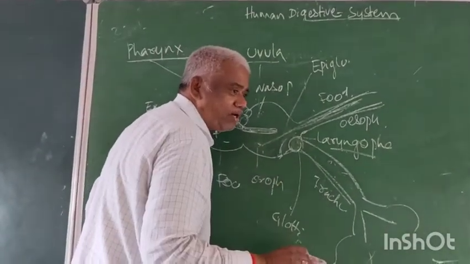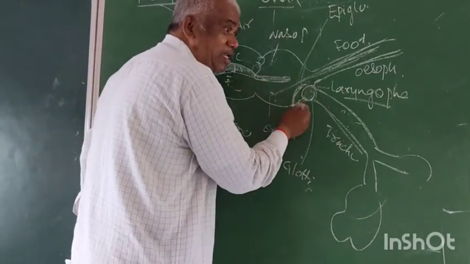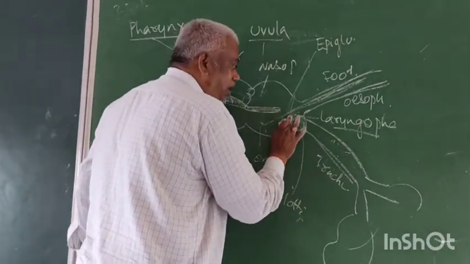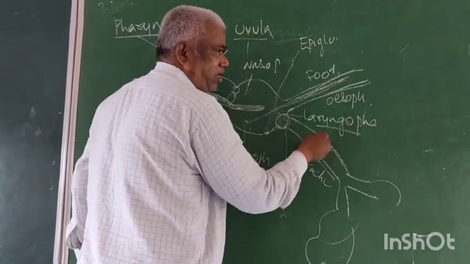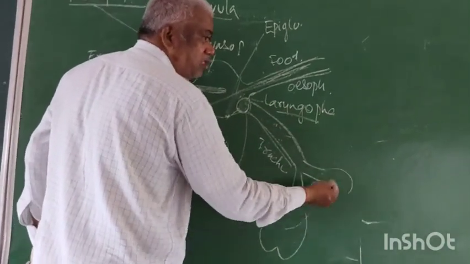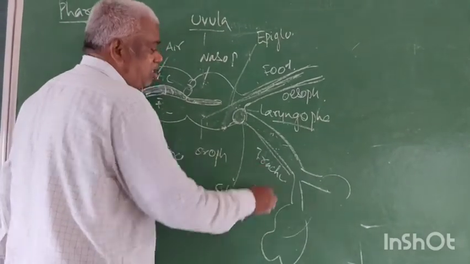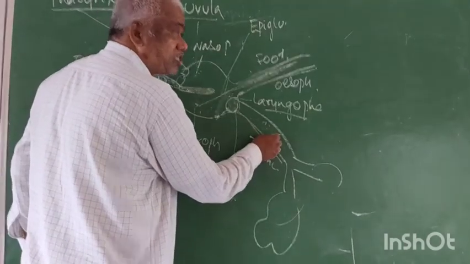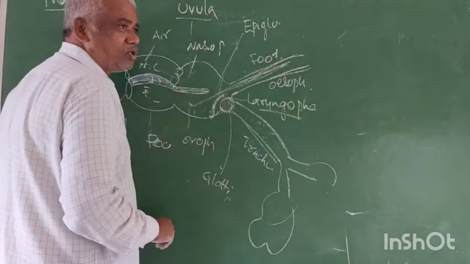But it never happens, because of the epiglottis. The epiglottis prevents the entry of food into the trachea. If the food entered the trachea, it would reach the lungs, making it difficult to breathe and exchange gases, which leads to death. But the food never enters the trachea, because the glottis is covered by the epiglottis.